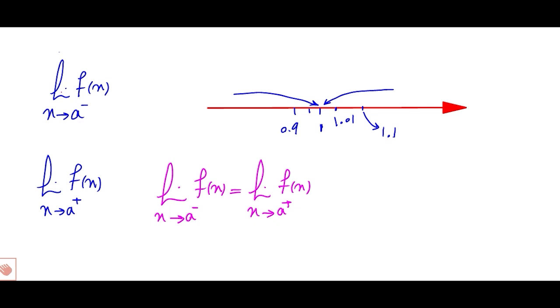For example, the limit from the left is equal L, and the limit from the right is L. So the limit of f of x as x approaches a is L. And if they are different, then the limit of f of x as x approaches a does not exist. Okay? So let's go to the example.